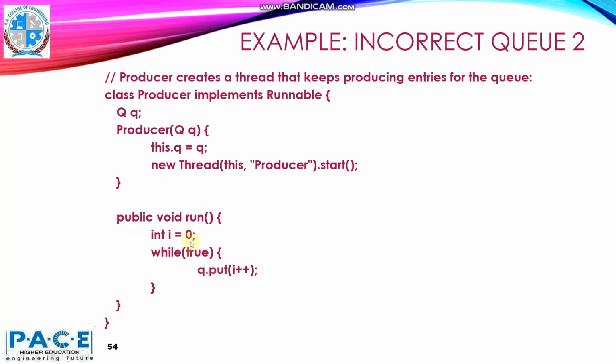And it passes the value starting from 0. The next time it will put the value 1, then the values 2, 3, 4 continuously, like this. So this is the producer thread, which produces values continuously. Next we'll see the consumer thread.